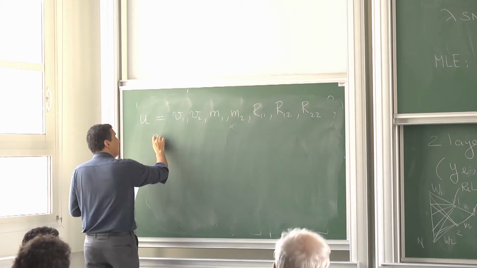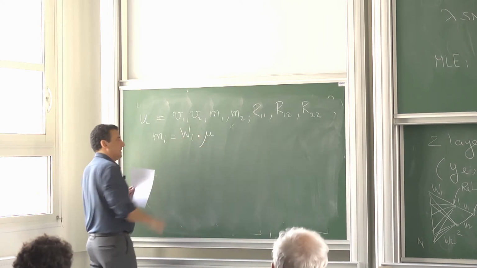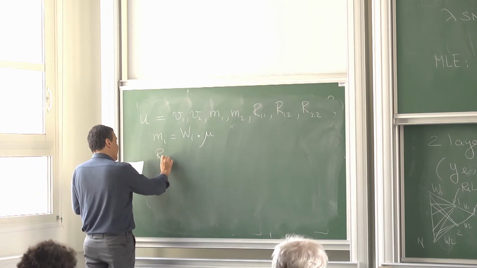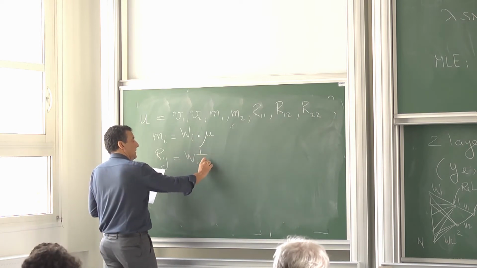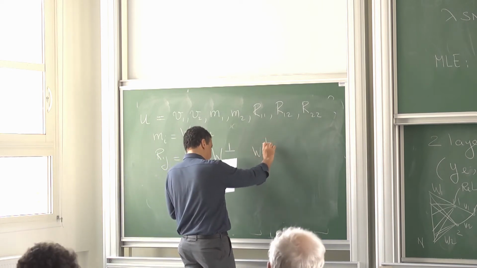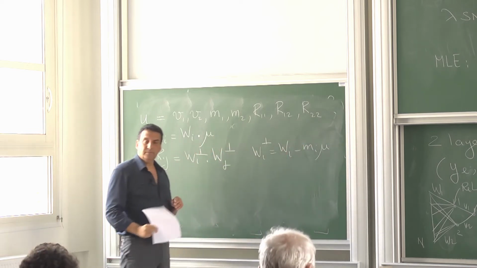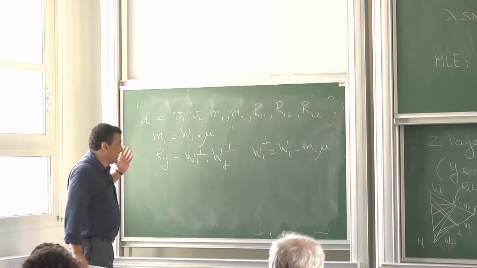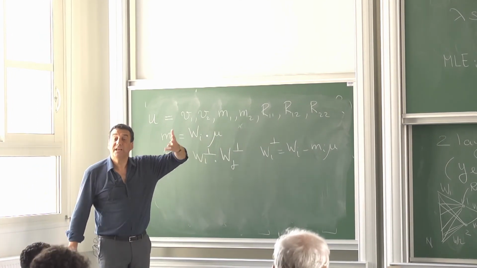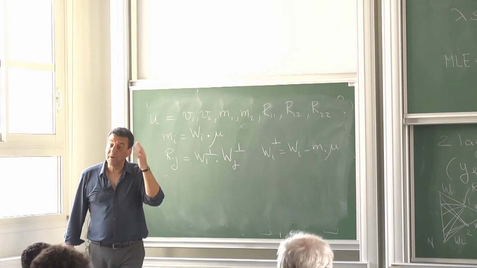The m_i are the w_i inner product with mu, so let me put a dot because you don't like the brackets, and the r_ij are defined with w_i orthogonal, which is w minus m_i mu. So these are the 7 I'm telling you, this is a summary statistic. It works, my condition works.